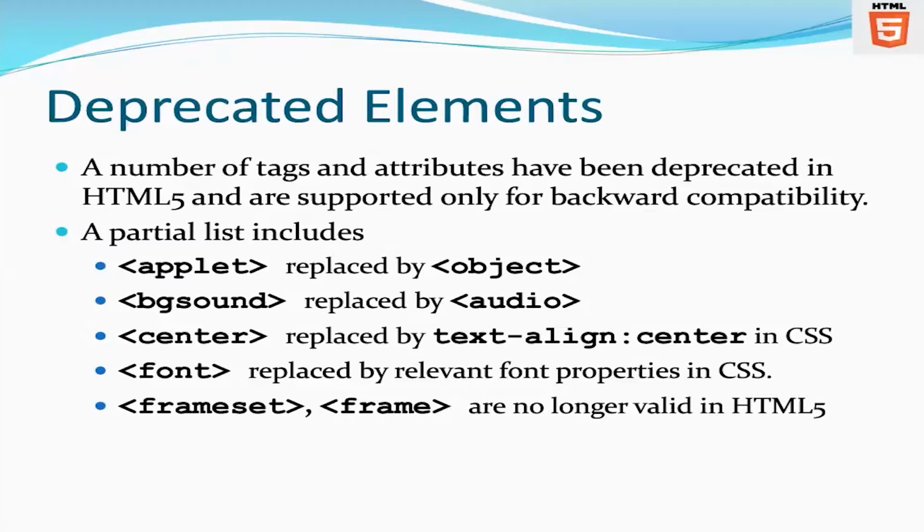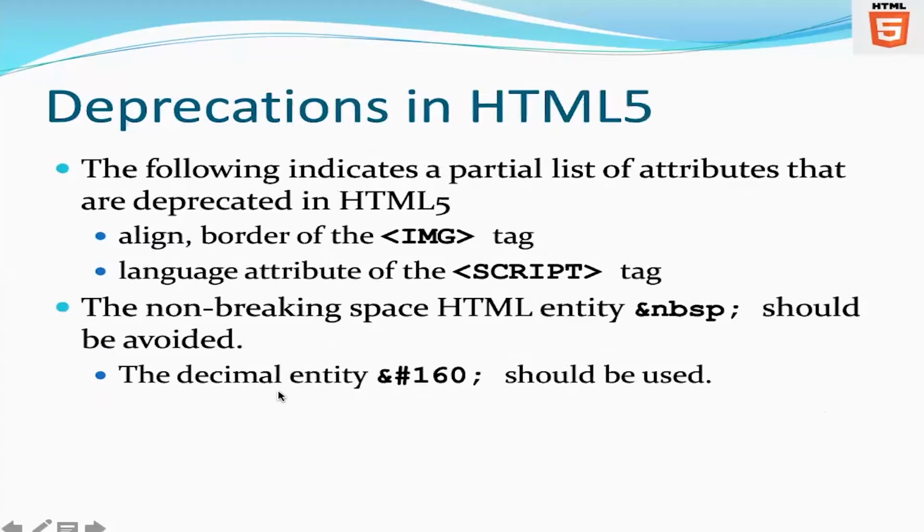This is something we've already talked about, so I guess I don't need to revisit that again. We would want to be using CSS equivalents. These are deprecations. Further, align and border properties of the IMG tag, not expected to be used. Instead, use CSS. IMG tag had a property called border. It had a property called align. Don't use those. Instead, use CSS.